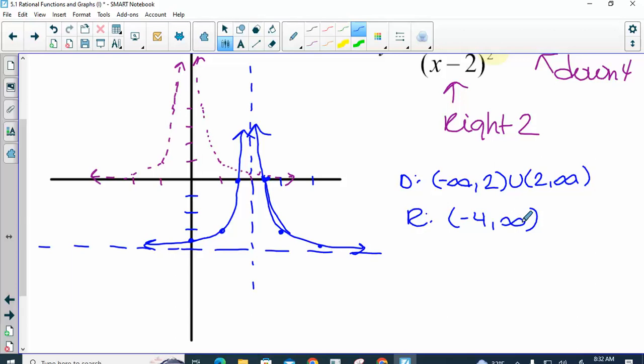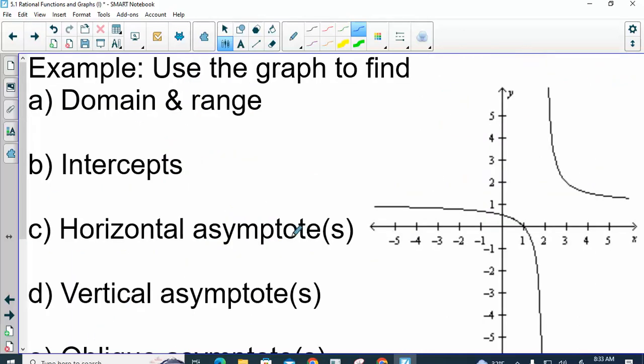Last question. If I give you a graph, can you answer questions about it? So it might help us if we drew in the asymptotes. Can you tell where the horizontal asymptote is going to be at?